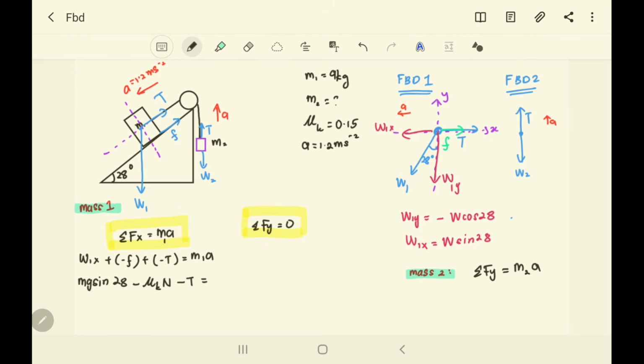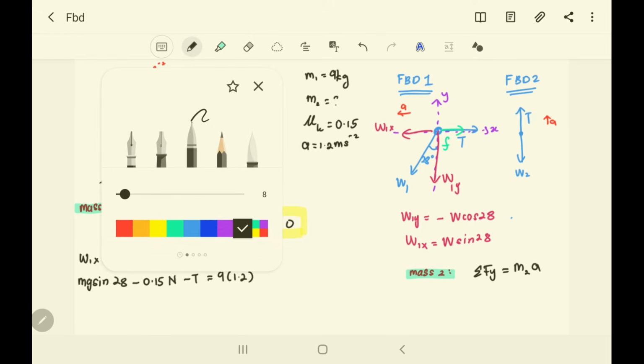so for here we have acceleration dah ada, so kita boleh masukkan lah. Ini saya terus nak gantikan mu k, soalan dah bagi 0.15, so we just substitute here. 0.15 N, where N is the normal force, minus tension is equal to M1, given as 9 kg, and the acceleration is 1.2. Now look at the equation.